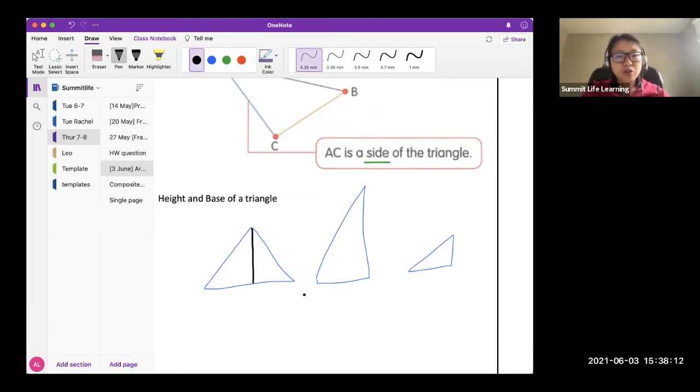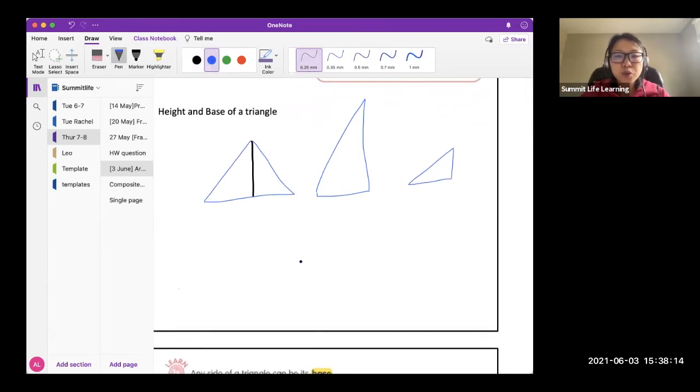So how can we draw the height of the triangle? Can we draw any straight line from the top vertex to the bottom line and call it a height? Or can we call this green one the height? Or can we call this black one the height? Which one should I pick?